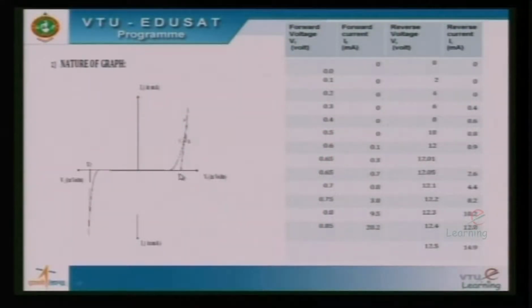The corresponding value along the x-axis is noted as knee voltage, and it comes around 0.7 volts. The slope taken in the linear region of the curve will give you the forward resistance of the Zener diode, which is observed to be very small, same as that of an ordinary diode, ranging from 2 to 3 ohms.